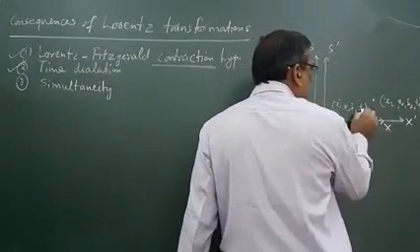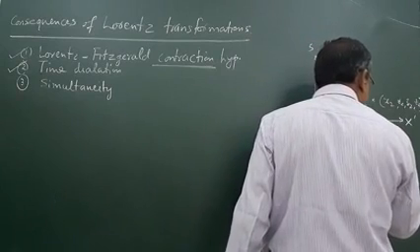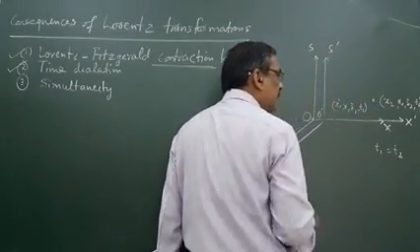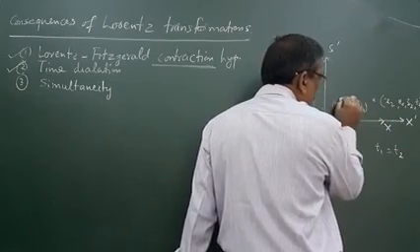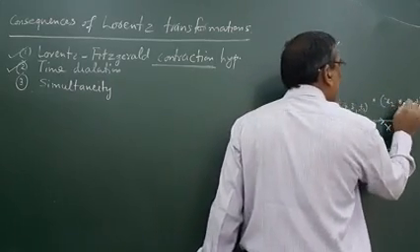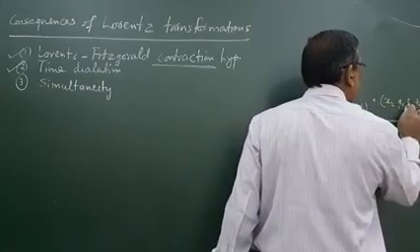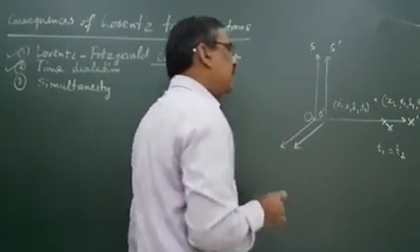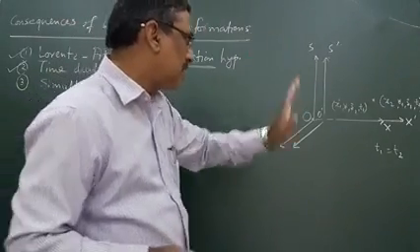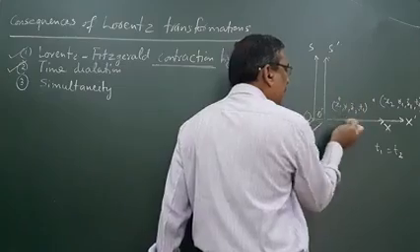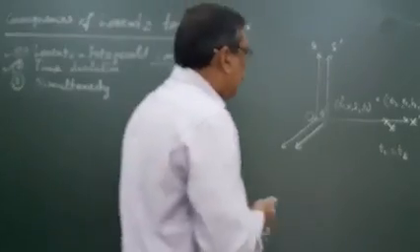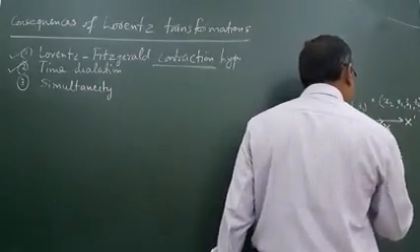Now t1 and t2 are equal since these two events are happening at the same time, and y1 and y2 are the same, and z1 and z2 are the same, since the two events are at different points parallel to the x-axis. Now x1 is not equal to x2.